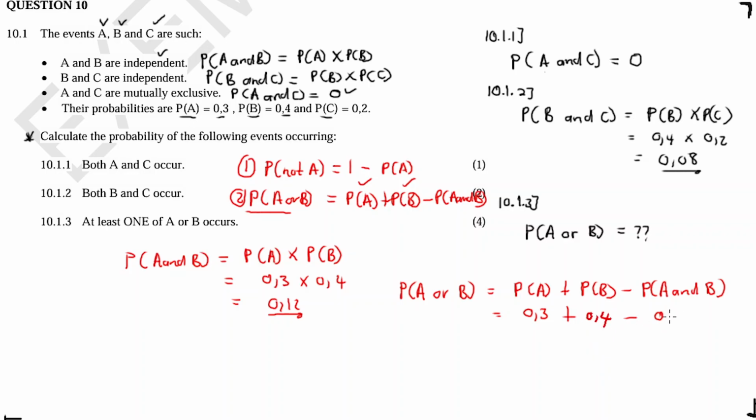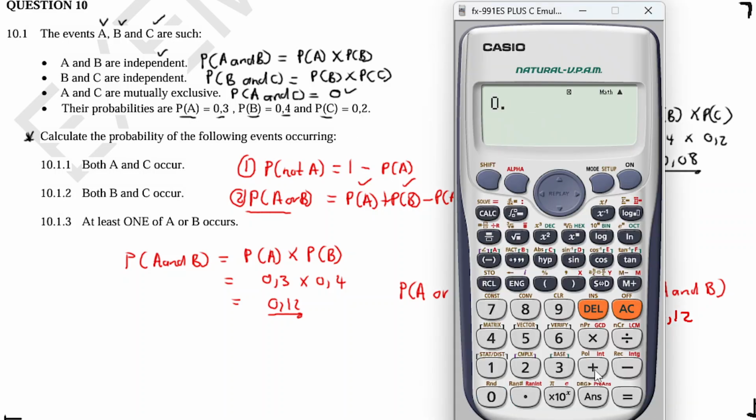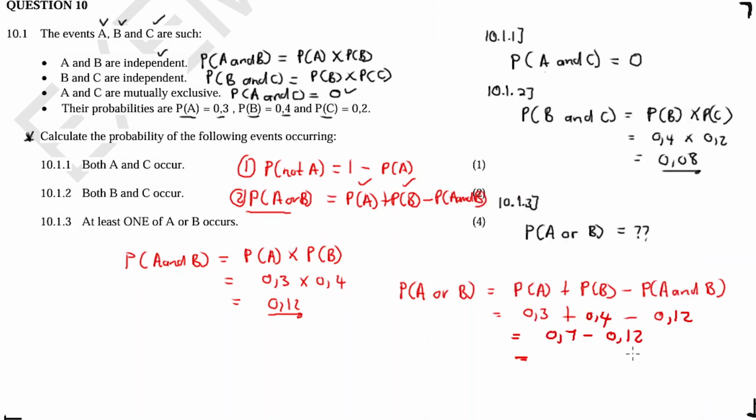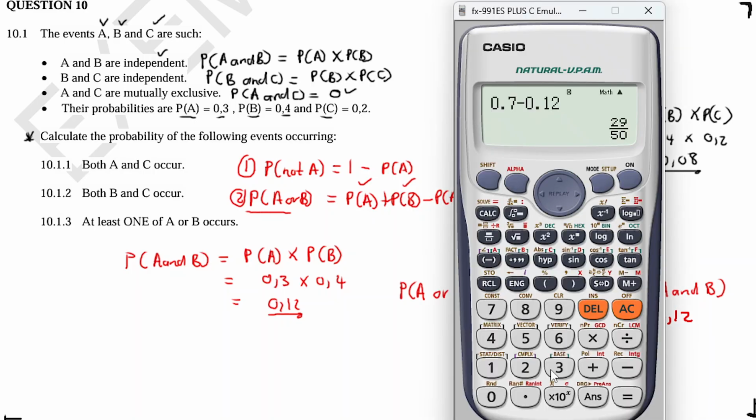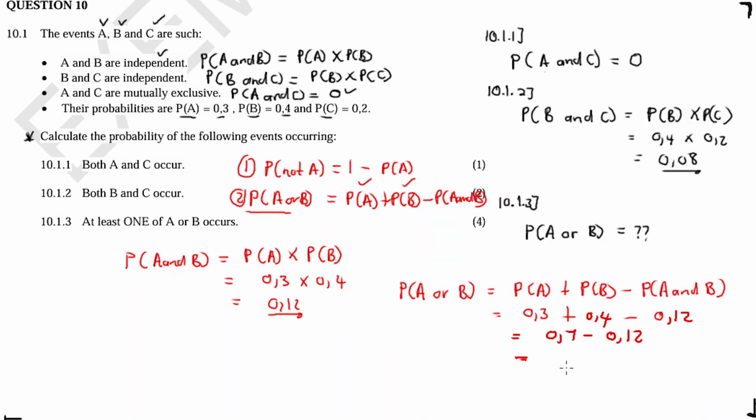Then we calculated and got 0.12. So 0.7 minus 0.12. Let's change it to a decimal. It's 0.58. This is the final answer for 10.1.3.